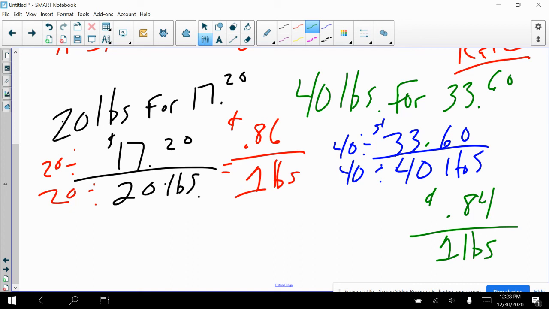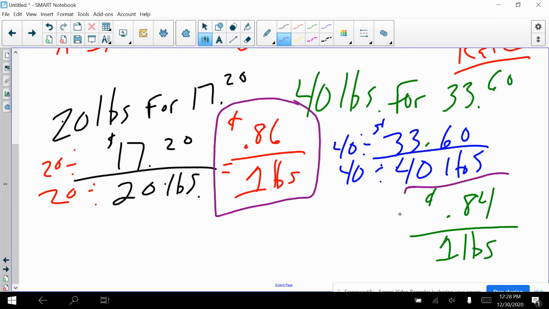So these are the calculations that you're going to have to do to find out which one is the better buy. Now in our world at school, we would get into a lengthy discussion in the classroom, but when you take quizzes and tests, they're going to ask you which one is the better buy.